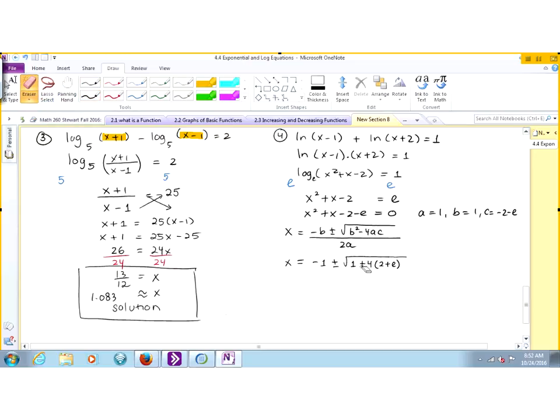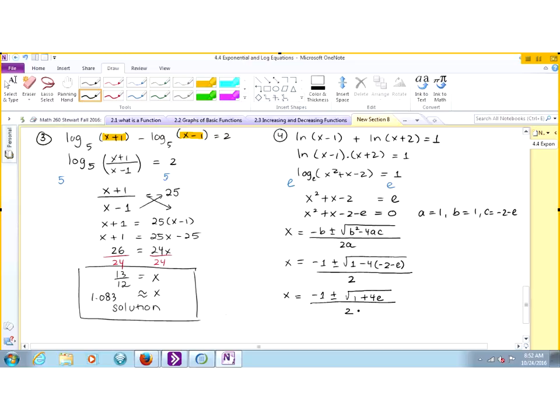Or maybe let's just do it slowly so you can follow what I'm doing. So it's minus 4, a is 1. Well, I don't write the 1 times c. Minus 2 minus e. Over 2. So negative 1 plus or minus square root of 1 plus 4e divided by 2.